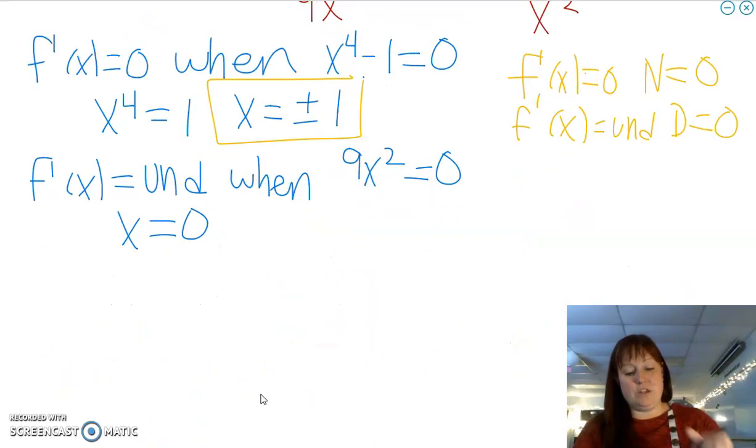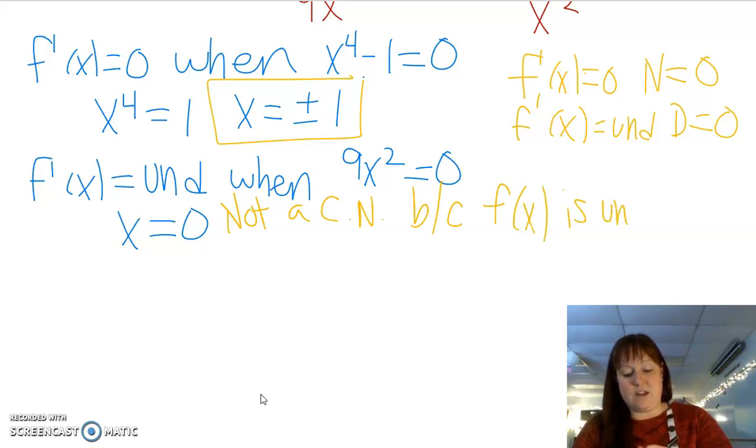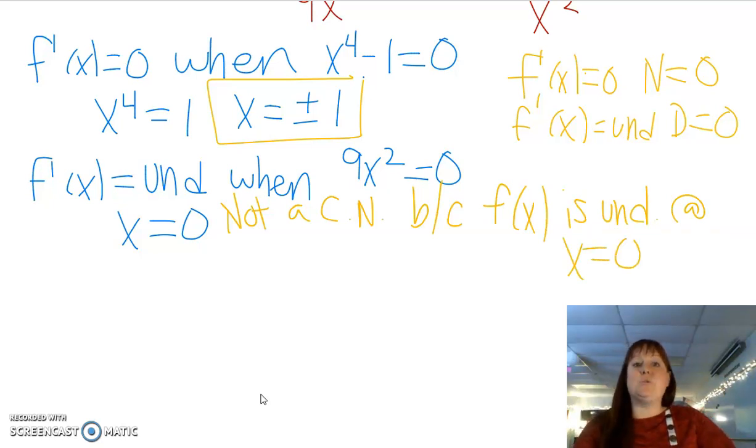So we could just say, not a critical number because f of x is undefined at x equals 0. This is a good thing for you to write when you're doing a test so that you can communicate to me and then eventually to the AP readers what you're talking about and why it's not a critical number, why you didn't use it as a candidate.